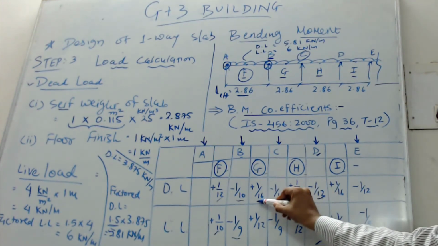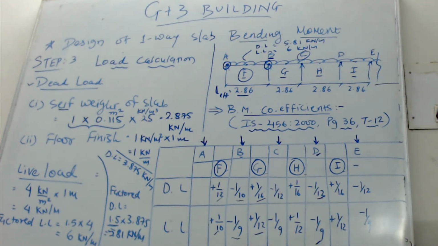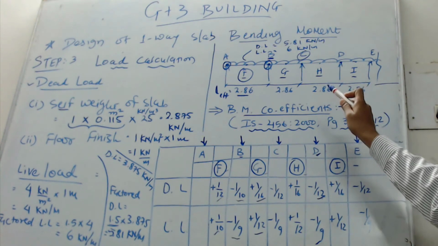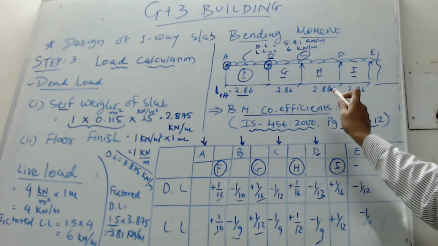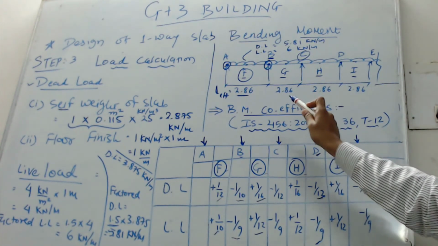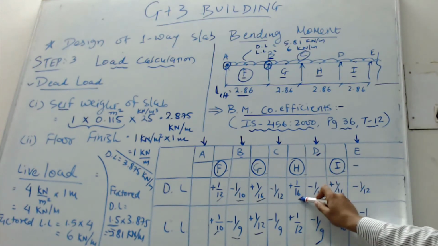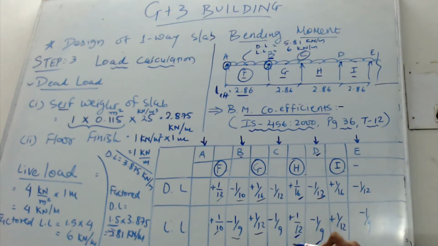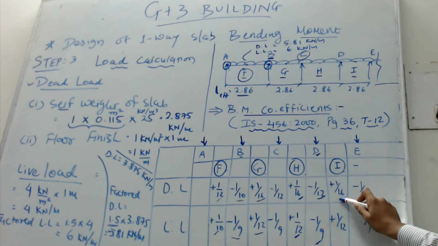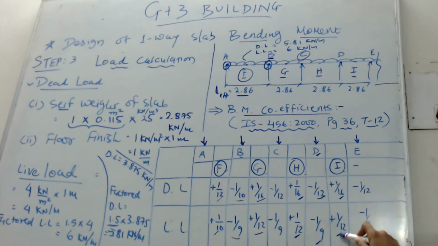Similarly, point H is also similar to point G, so the values remain identical, plus 1 by 16 and plus 1 by 12. Similarly, point I is also the same as G and H, so the values will remain the same.